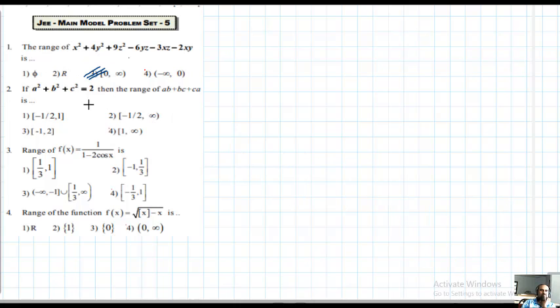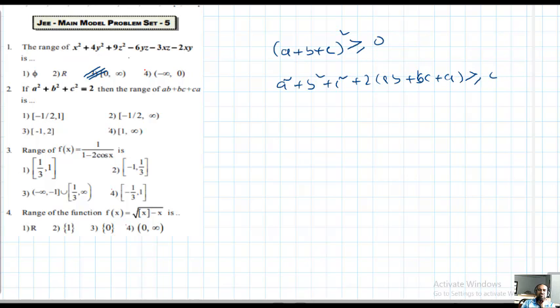Okay, next problem. a square plus b square plus c square equal to 2. Then the range of ab plus bc plus ca. This was already explained, but once again listen. (a plus b plus c) whole square is greater than or equal to 0, or a square plus b square plus c square plus 2 times of (ab plus bc plus ca) greater than or equal to 0.